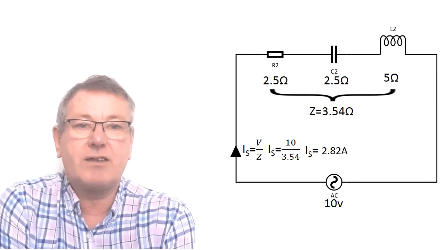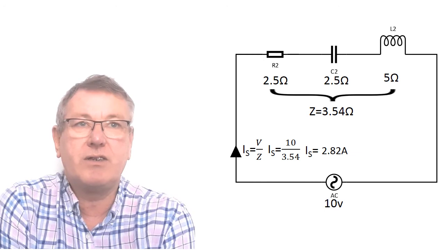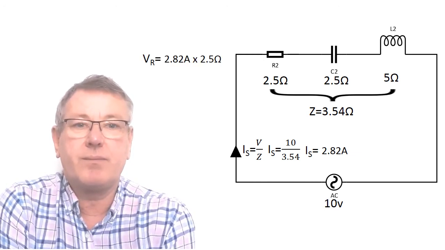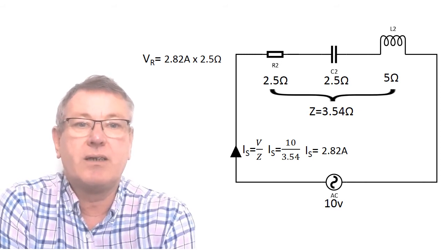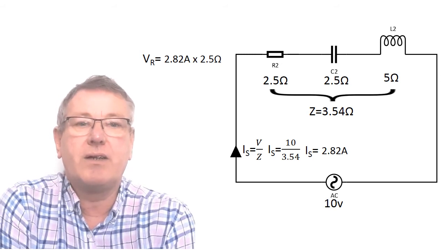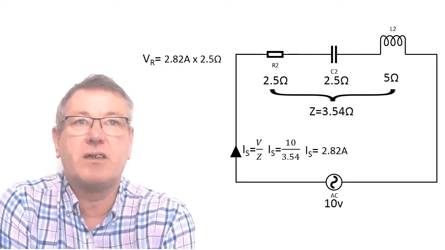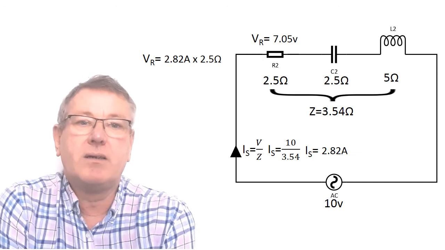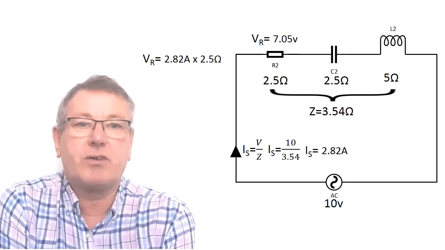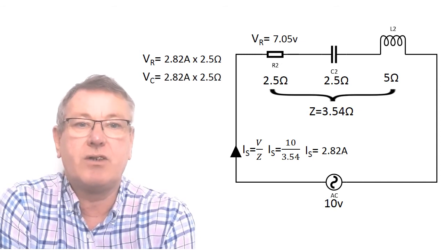So now we've got IS, we can work out the volt drop across each of the components in the circuit. So we can work out VR by using Ohm's law. So VR equals I times the resistance. So VR equals 2.82 times 2.5 ohms. And that gives us a volt drop across the resistor of 7.05 volts. And we can work out the volt drop across the capacitor by using Ohm's law.